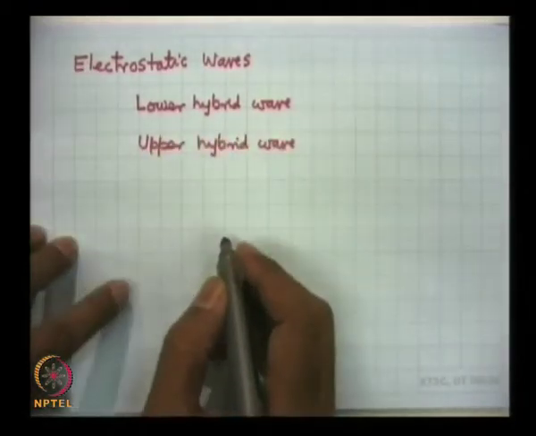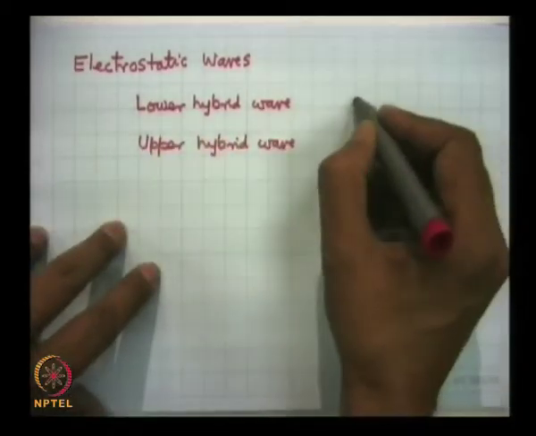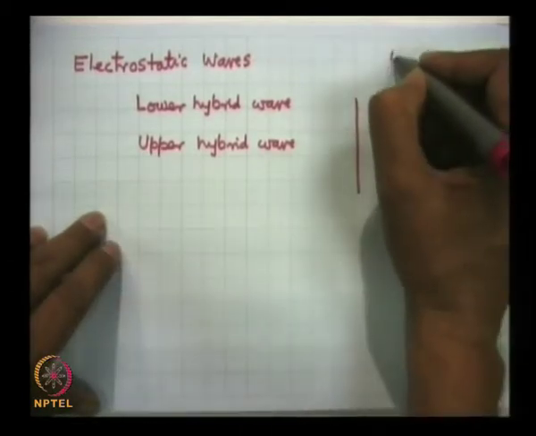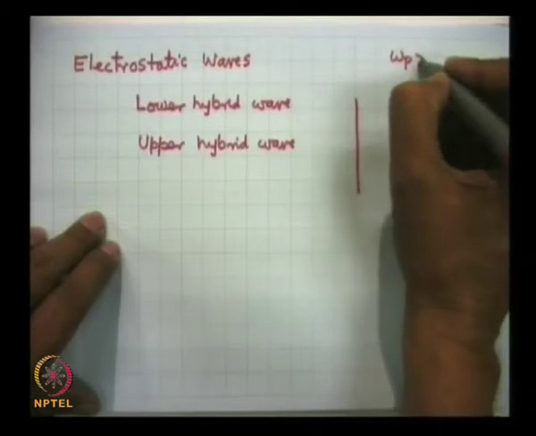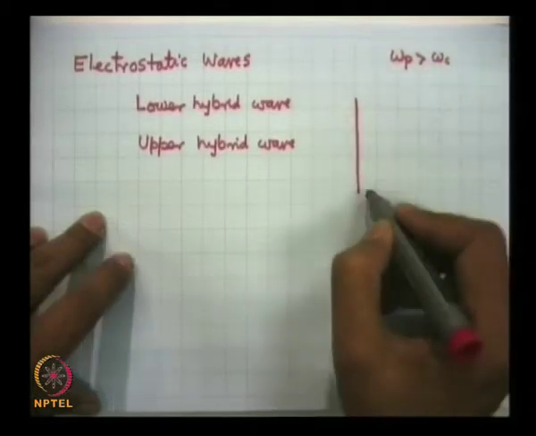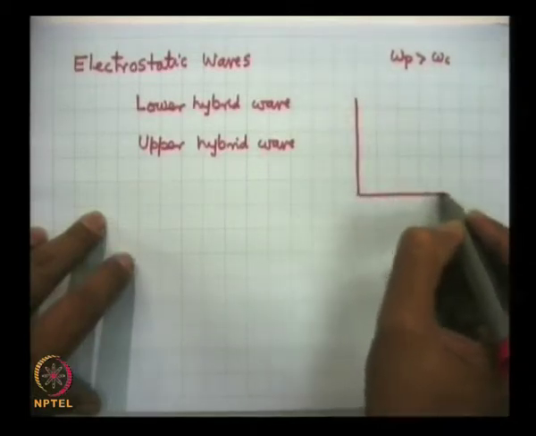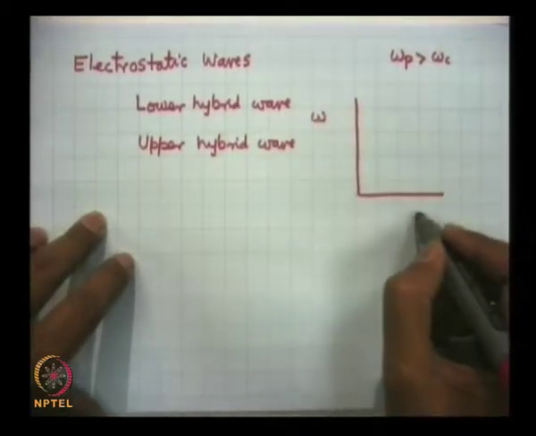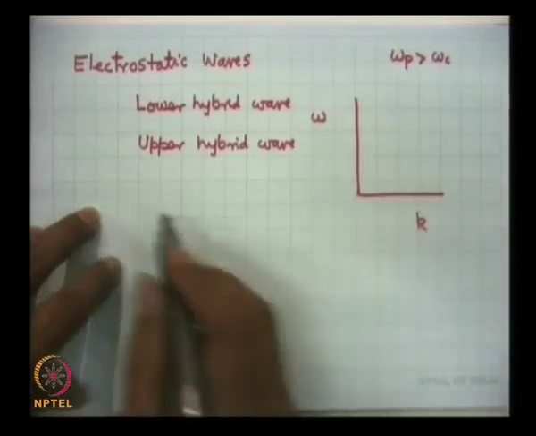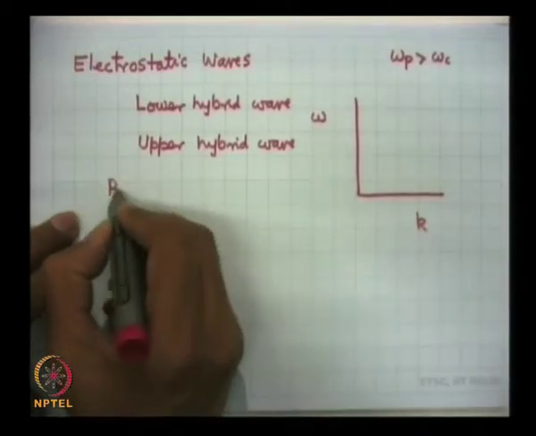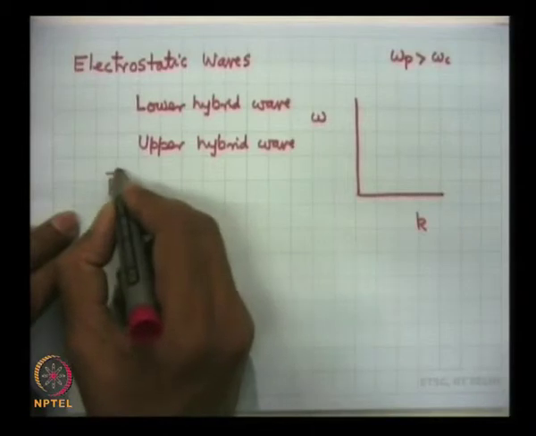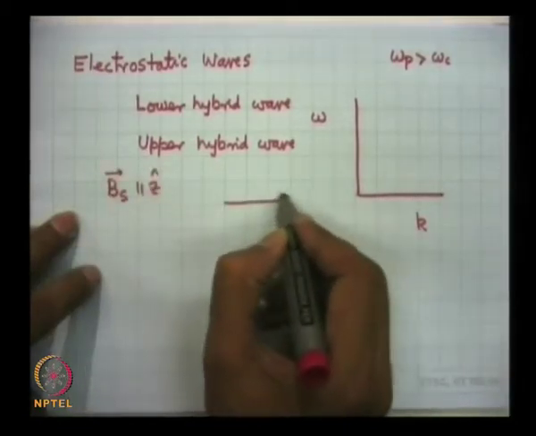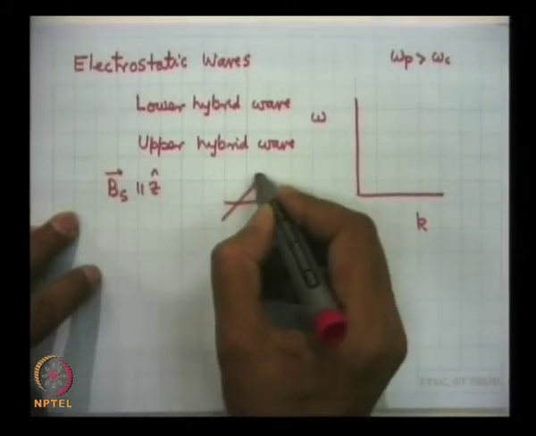The lower hybrid wave has an interesting property. If I choose a plasma of plasma frequency greater than cyclotron frequency and plot the frequency of this mode, the lower hybrid wave, as a function of say k, well, consider a plasma in which there is a static magnetic field in the z direction, and my wave is going at some angle.